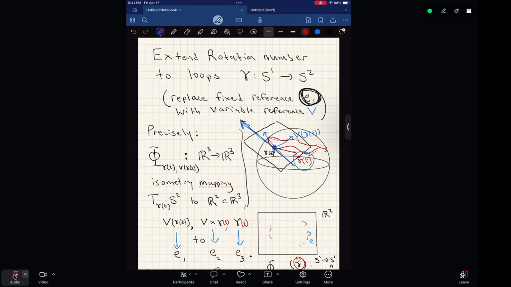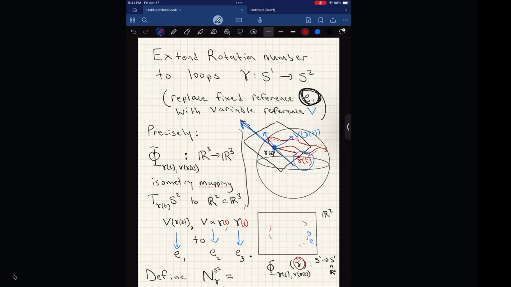So I can talk about its rotation number, and that's how I'm going to define the rotation number of gamma on S2. It's going to be the rotation number on R2, as I defined it before, of this curve here. I've picked kind of clumsy notation, but that's what's going in the subscript there. Okay, so this is the definition of rotation number on the sphere.